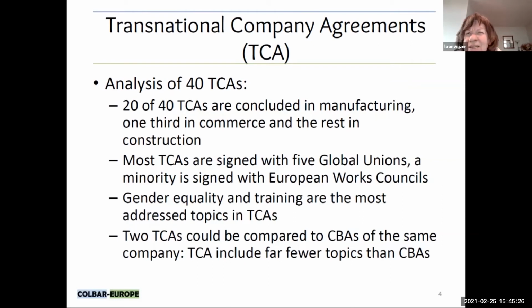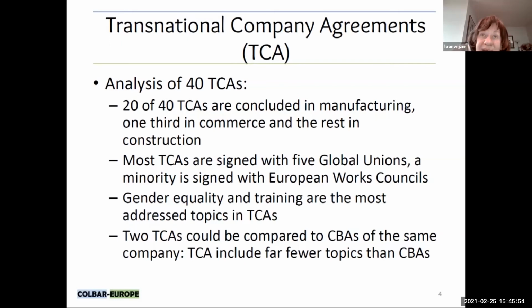If there is, for example, a clause about wages in a transnational company agreement, this clause says that the company will act according to the statutory minimum wage in the country. That is the kind of clauses that you will come across in transnational company agreements.